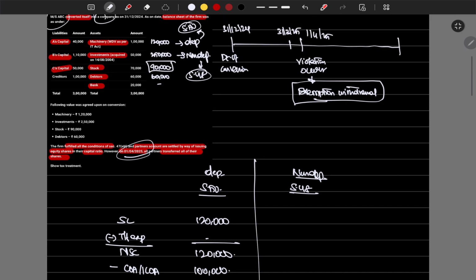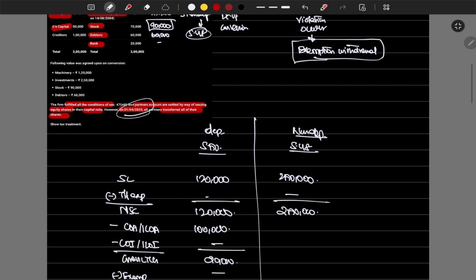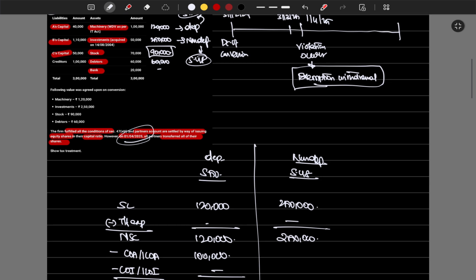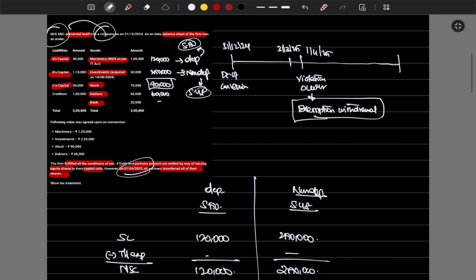Then the sale consideration is 2,50,000 for the investments. There is no transfer cost, so 2,50,000 comes directly. And what's the cost of acquisition? Here, is it possible to have an indexed cost of acquisition? See, the date of transfer is 31st December 2024.